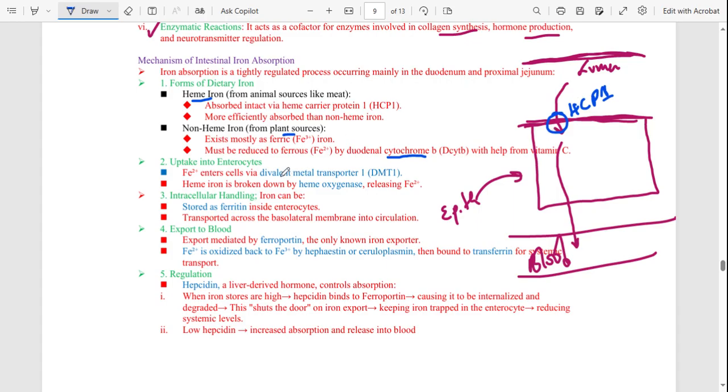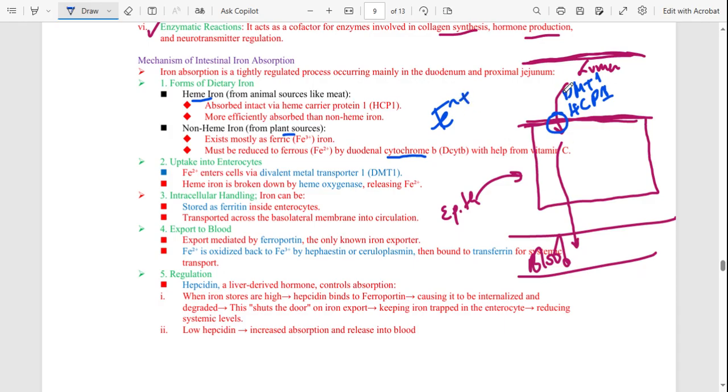And then you also have the divalent metal transporter 1, DMT1, that also allows calcium. Why are we calling it divalent? Because iron has got a valence of 2. It's iron 2 plus. Okay, so that is what happens.